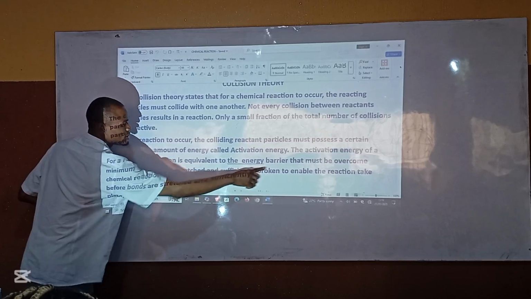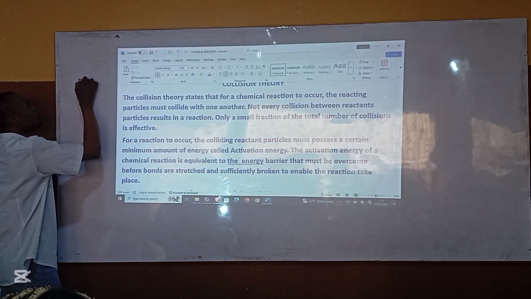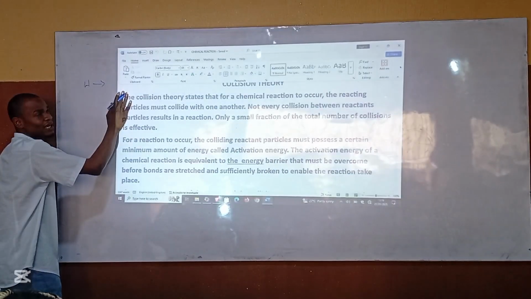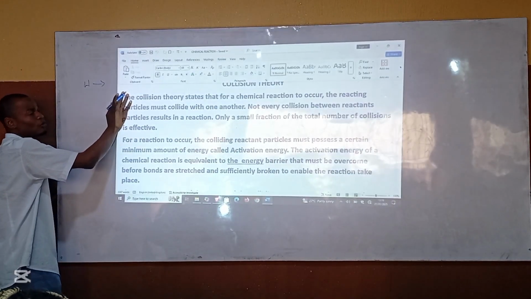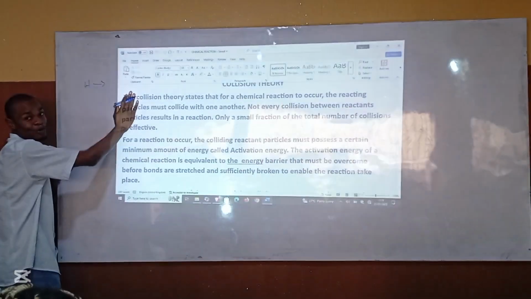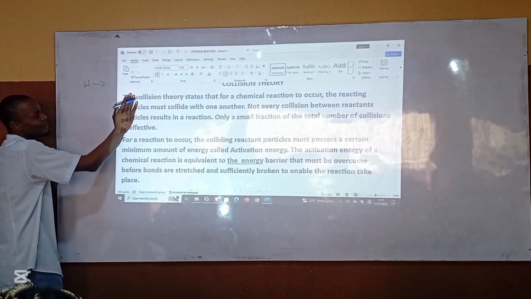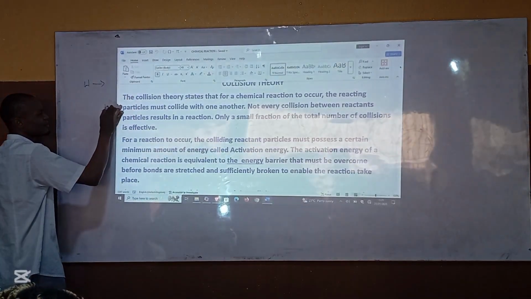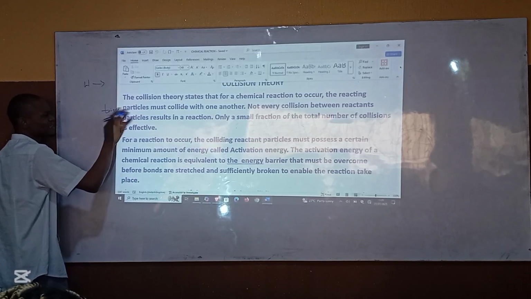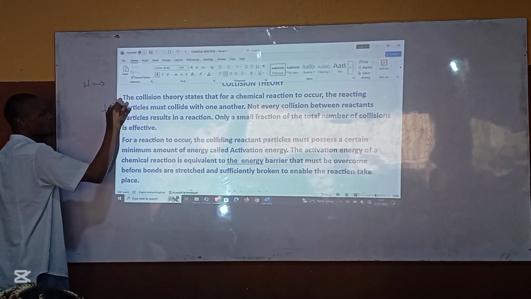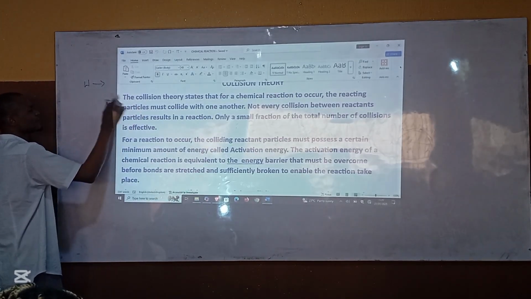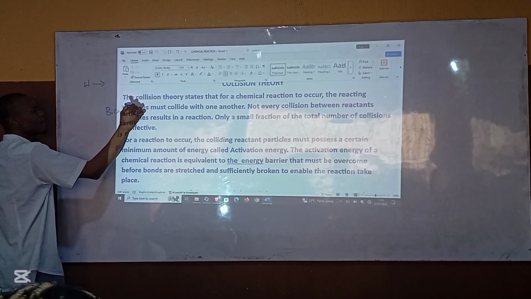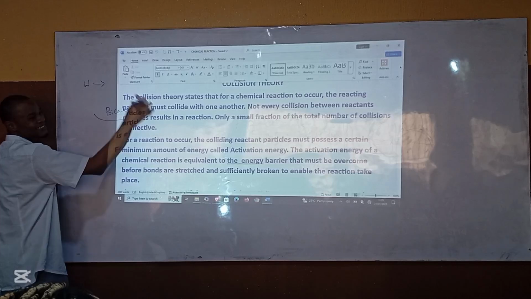For example, for water to break bond, maybe you put in, what is the English of corn? Potash, right? You don't buy corn in the market.